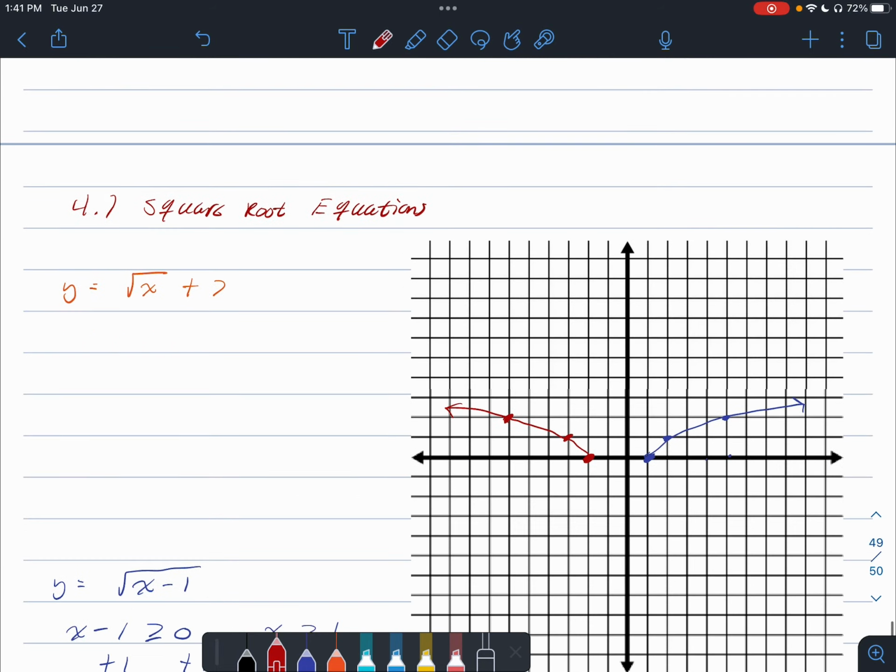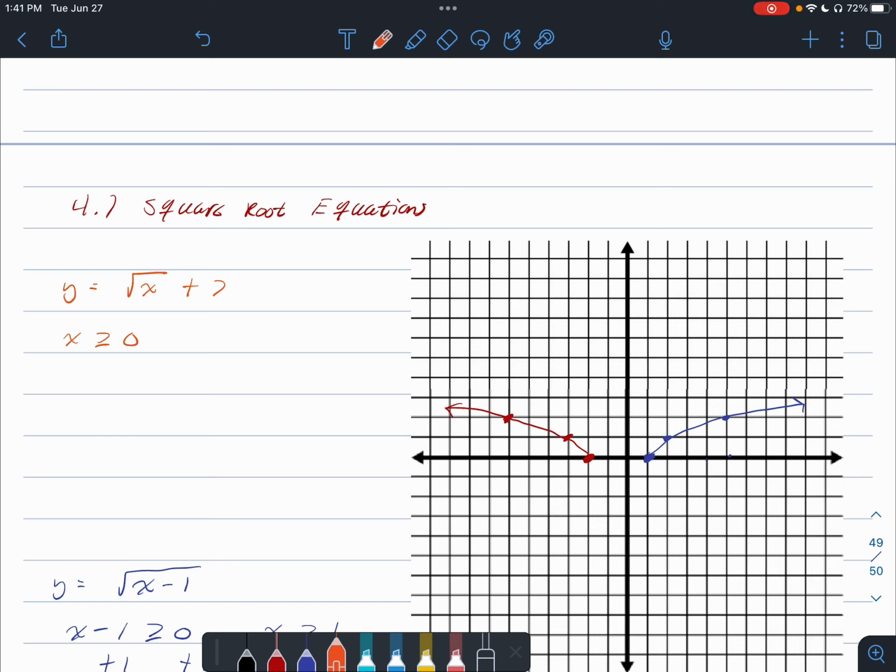All right, so now let's take a look at this first one. Let's say we have y equals the square root of x plus 7. Remember, everything under the square root sign has to be greater than or equal to 0. So let's set this x greater than or equal to 0.